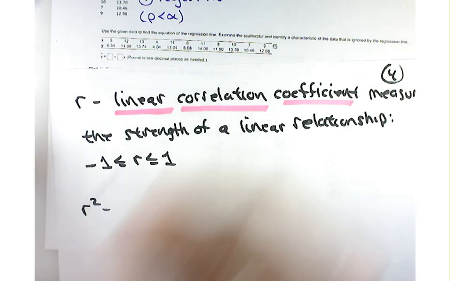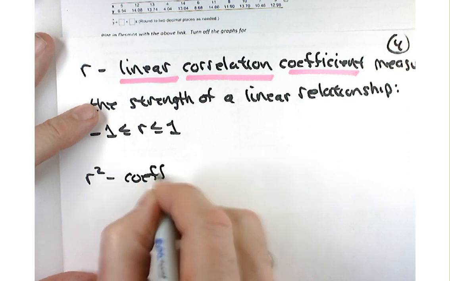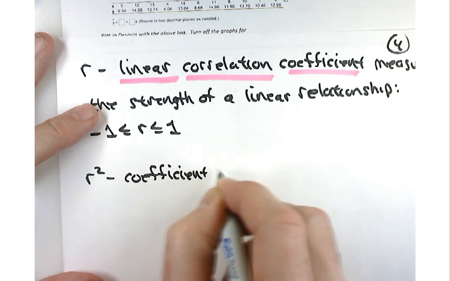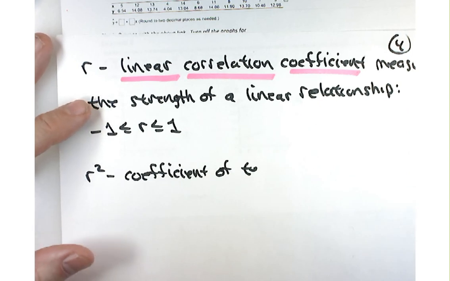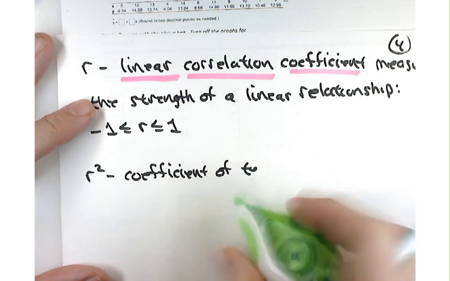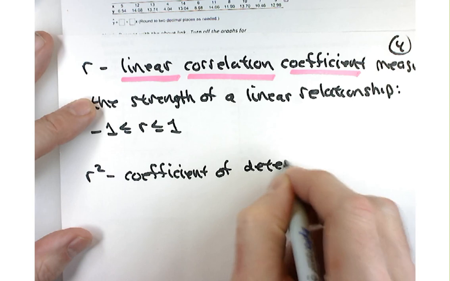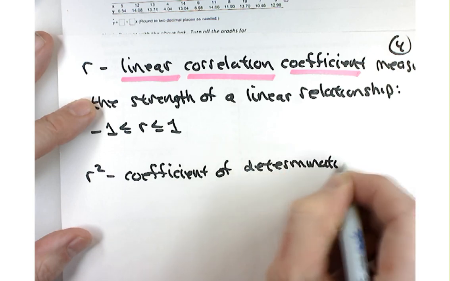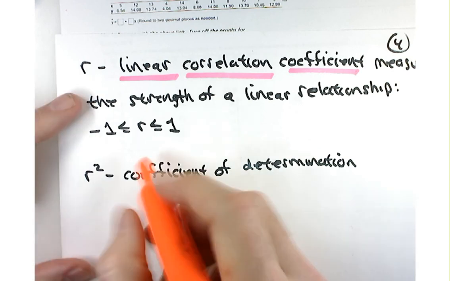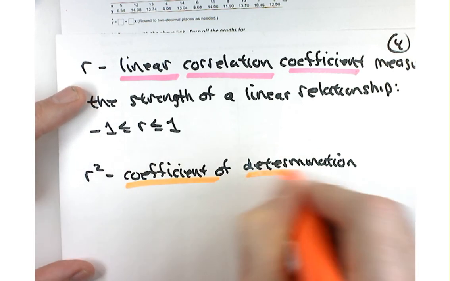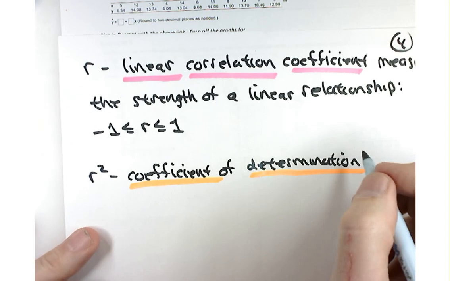Let me write it down here so we have them together. R squared is called the coefficient of determination. Oh, boy. There we go. Coefficient of determination.